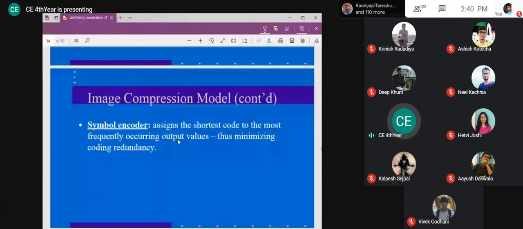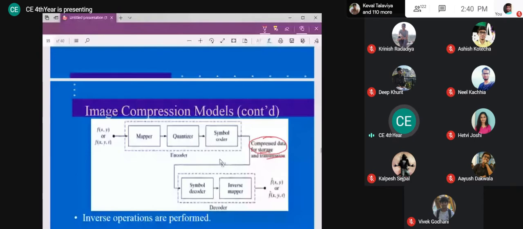Now at the receiver side, or while retrieving the image, what do you have to do? While you retrieve, you will get your codes only, like 0, 1, 1, 0. You will not have values like 87 or 128. You will have binary values, 0, 1, 1, 0 kind of things, right? So first of all, you have to reverse the process of symbol coding. Suppose it is 0, 1, that means it is 87.